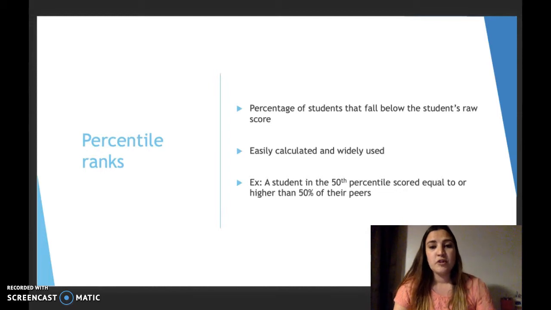So, for example, if my score was in the 50th percentile, then that means 49 other students scored lower than I did. It's a quick thing to calculate. It's really easily scored, and it's a good way to kind of judge where a student is in relation to their peers or other students.